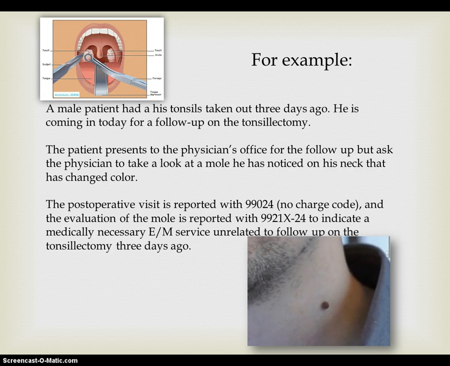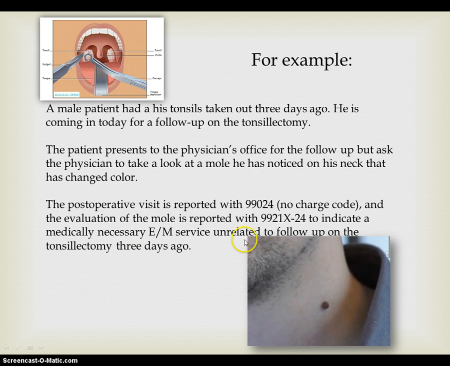Now, the evaluation of the mole is reported with code 99211, 2, 3, 4, or 5, depending upon the documentation, but we add the 24 to that evaluation and management. This indicates a medically necessary evaluation and management service for something that was unrelated to the follow-up on the tonsillectomy 3 days ago, because the mole is not part of the tonsils.